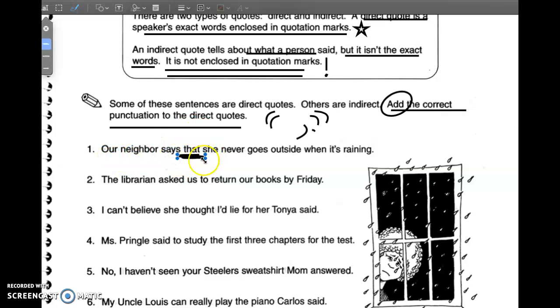Because of the word that, it indicates that we are using an indirect quote here. In this case, we do not need to add any quotation marks. And because it's an indirect quote, we also don't need to change any punctuation. We don't need to add any commas to this, because we don't need to separate the speaker's exact words from the source words. This sentence is correct.